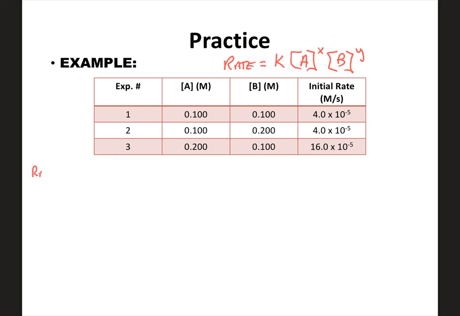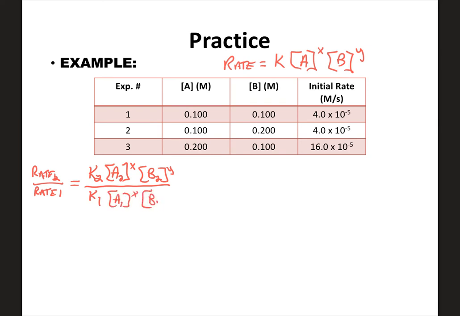We have rate 2 over rate 1, and that would be equal to K2 times the concentration of A2 raised to the power of X times the concentration of B2 raised to the power of Y, all over K1 times the concentration of A1 to the power of X times the concentration of B1, all to the power of Y. Before I even plug anything in, I know that I'm not changing the temperature, so K is going to cancel.